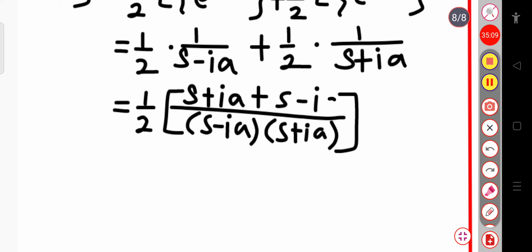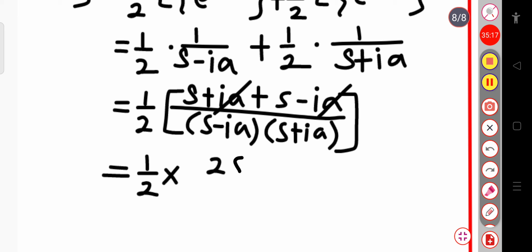Plus ia minus ia gets cancelled. This will be 2s. This will be 1 by 2 into 2s divided by s square minus ia whole square.